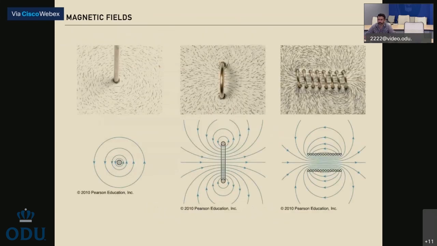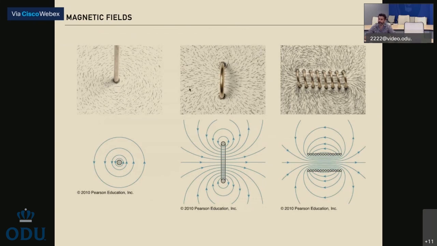This is reproduced in all sorts of different configurations of current. If you have a wire with a current going up, let's say, then you will see that the iron filings start to align themselves in circular shapes, suggesting that there's a magnetic field wrapping around the wire. I already showed you this.